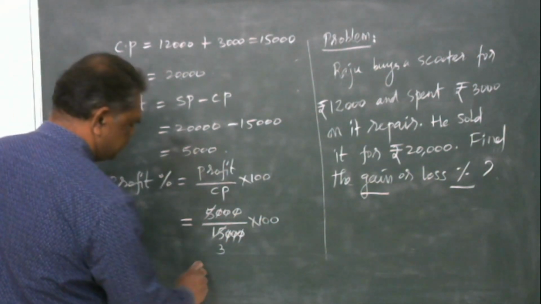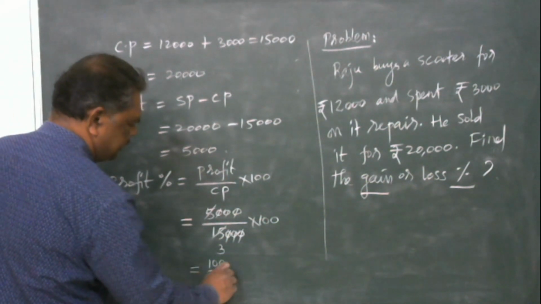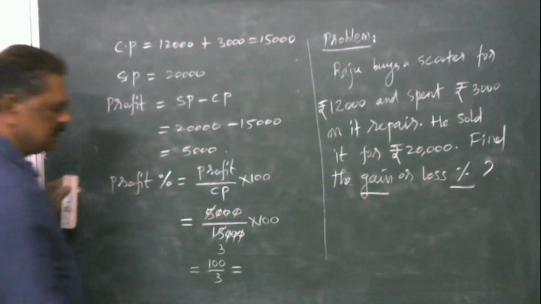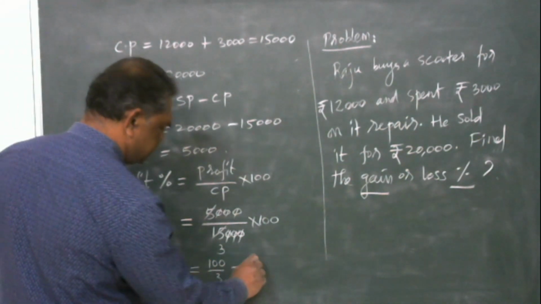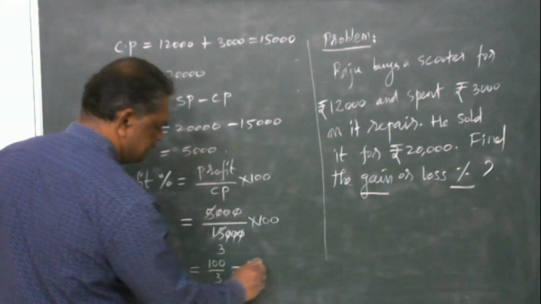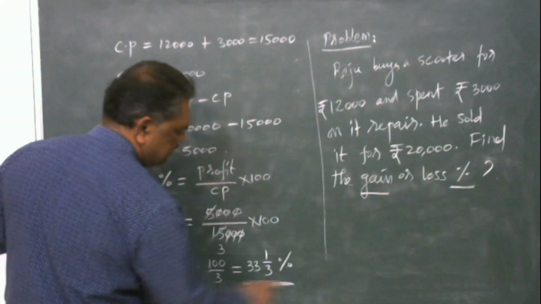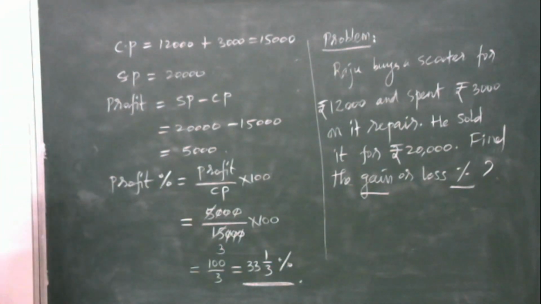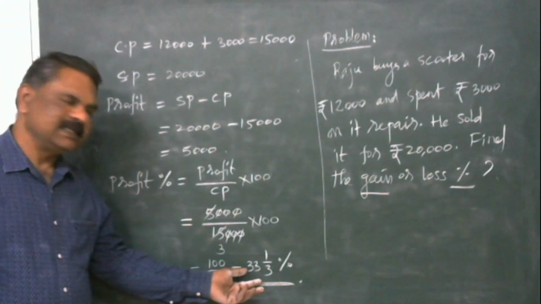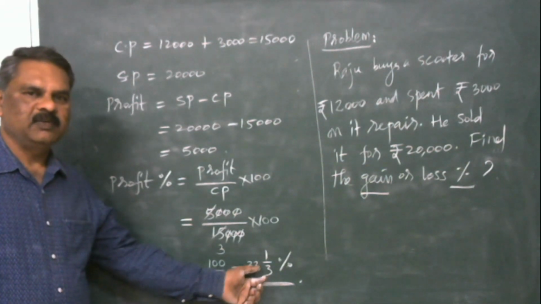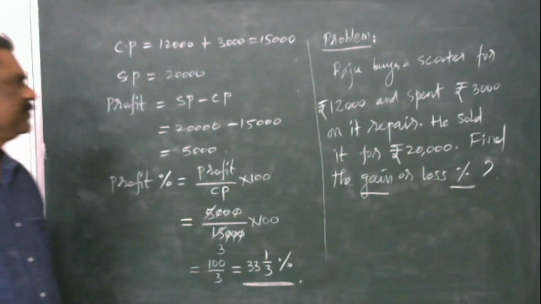So 100 by 3 percentage. I can write it in the mixed fraction. 3 3s are 9, again 10, 3 3s are 9, 33, 1 by 3 percentage is the profit or gain percent. So the profit or gain percentage is written in terms of mixed fraction 33 1/3 percentage.